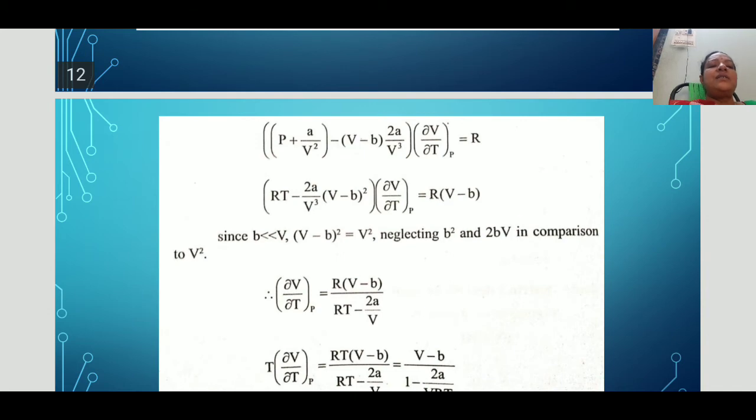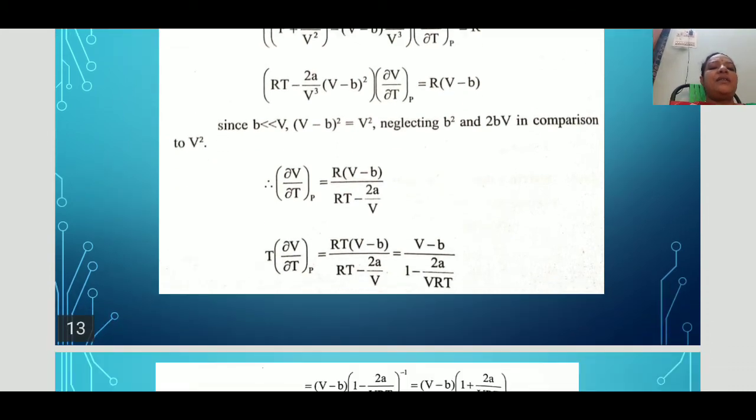So the leftover equation can be written, by simplifying, as (∂v/∂T) at constant P is equal to R(v − b)/(RT − 2a/v). After that, again simplifying, T(∂v/∂T) at constant P is equal to RT(v − b)/(RT − 2a/v).